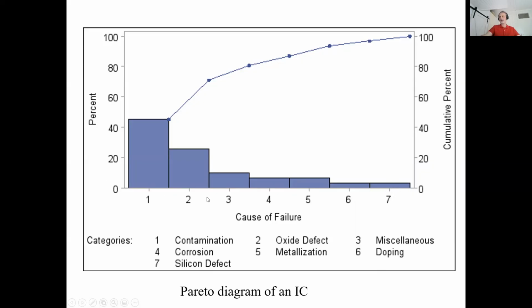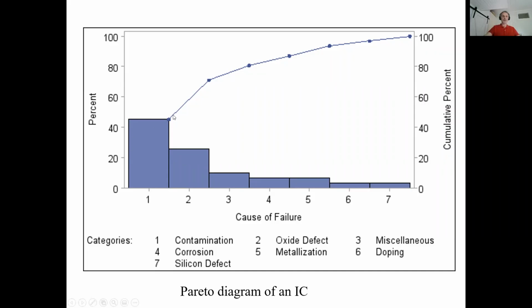So here we have the different modes, and then you see that, okay, the contamination has the highest RPN. Now this is a percentage value, it could be as well an RPN value, and there is the cumulative value. And quite often, if you have, let's say, more than 5 of these modes, then you have this 80-20 rule, meaning that 20% of the failures are responsible for 80% of the effects of the failures.